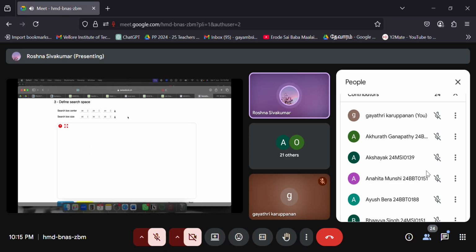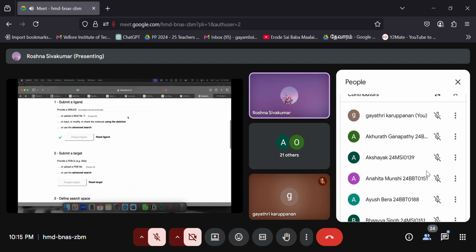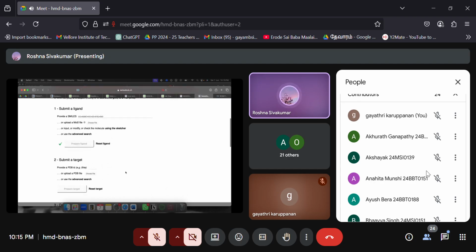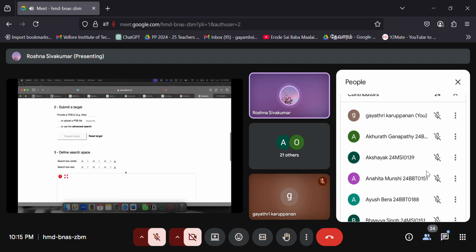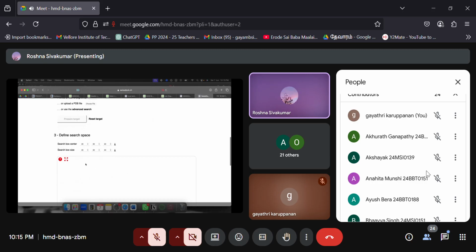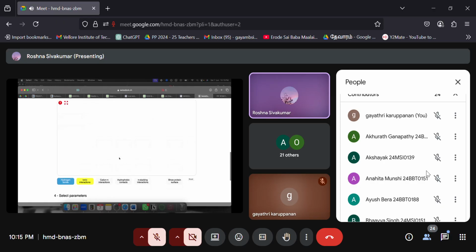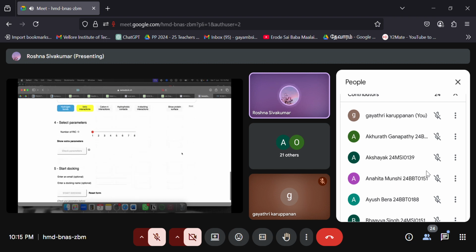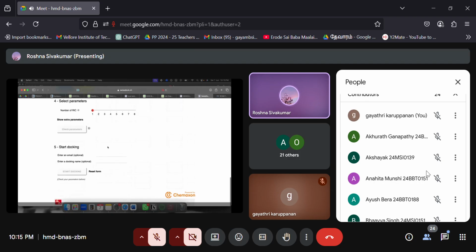Finding the search space points is different, but you find the search space because you have the target and you want to try and dock it in different regions. So to correspond to those regions, you define a certain search space. Okay, so this is really interesting. You guys can try docking different things, but it does generally take a lot of time. So these are parameters, we avoid it.